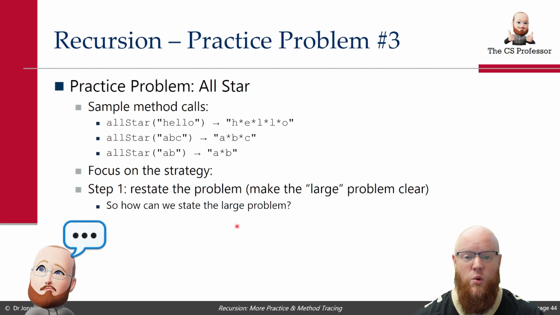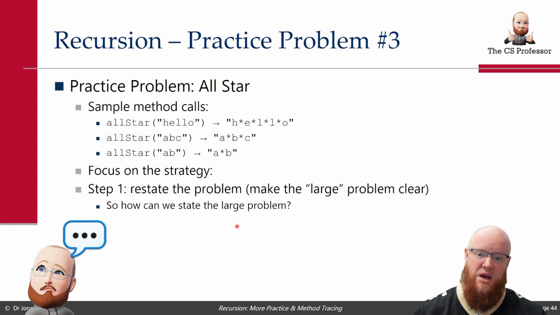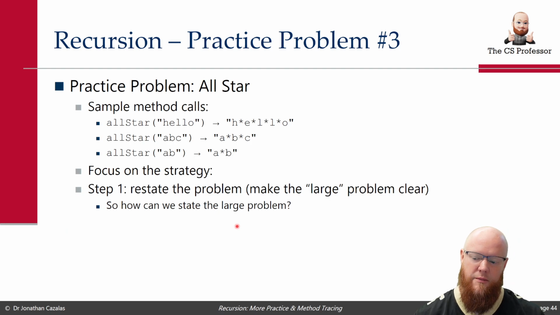This one, what's the large problem? Well, think back to the one we just did, countX. What was the large problem? It was count the number of x's in a string of size 10, count the number of x's in a string of size 8. So using that same idea, what could we do here? We could say, make this new string with asterisks between every consecutive pair of characters on a string of size 10.